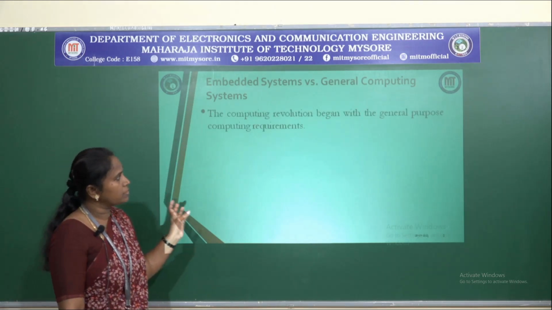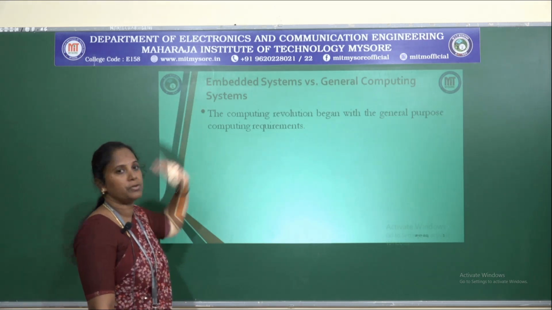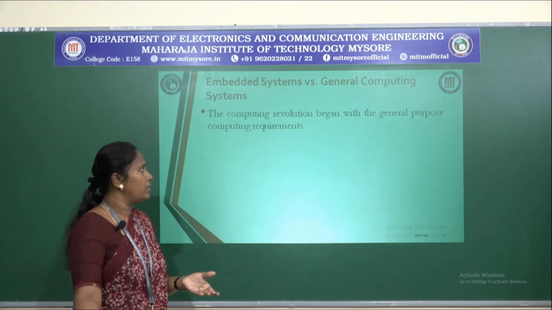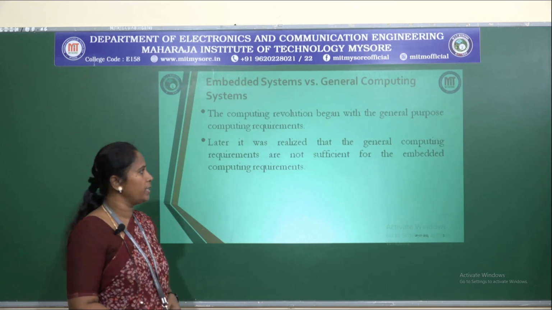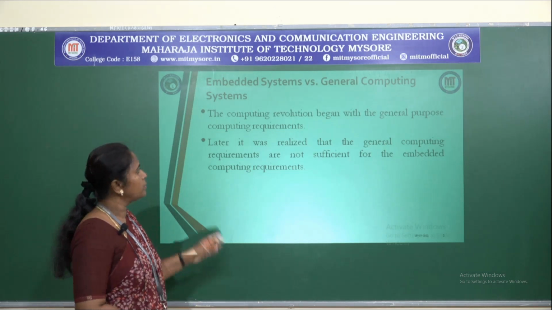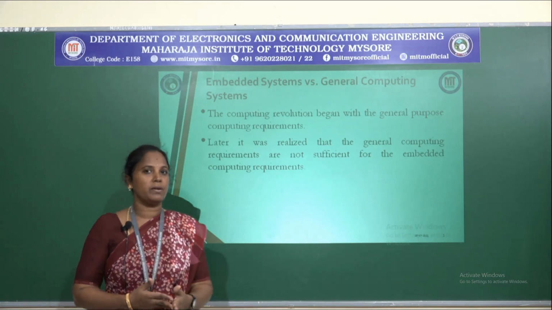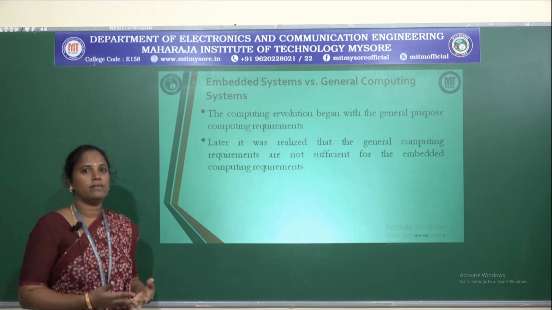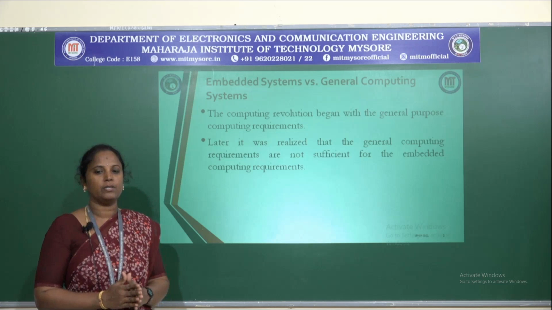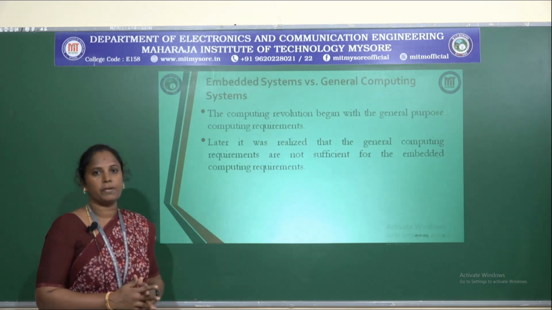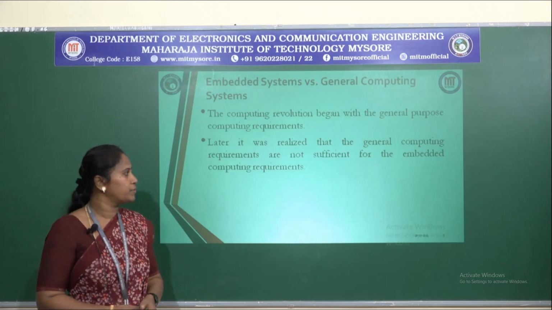The general computing system came into existence with general purpose computing requirements, that is, general purpose application areas. But a general purpose requirement was not sufficient, so later we thought of having specific applications, so that the requirements can be satisfied by the design of an embedded system.